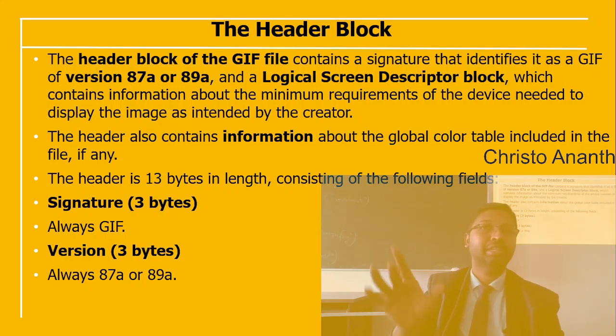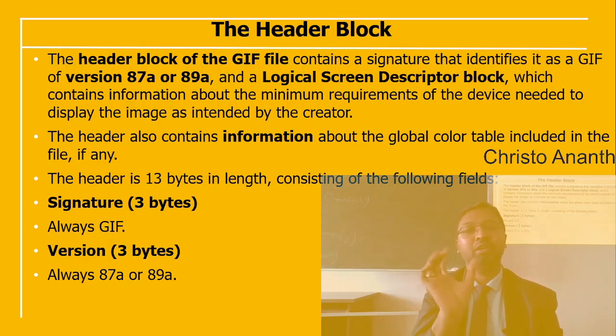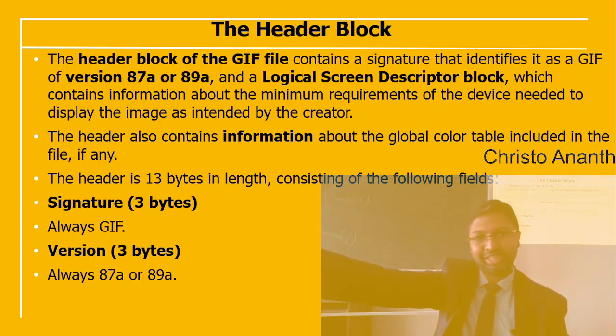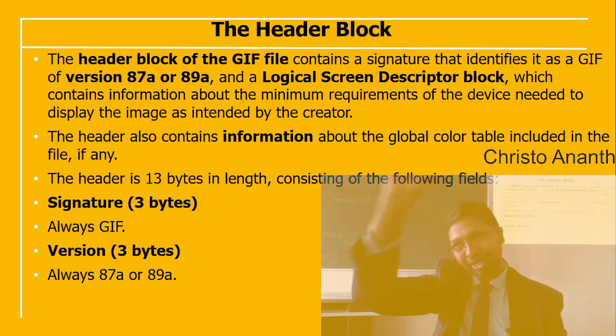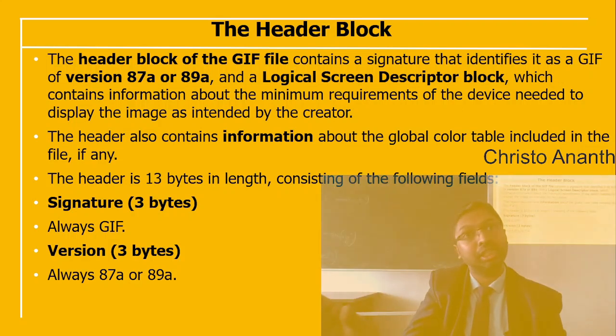The header is 13 bytes in length; the signature is 3 bytes and is always GIF. Then the version is also 3 bytes, and it is always 87a or 89a.